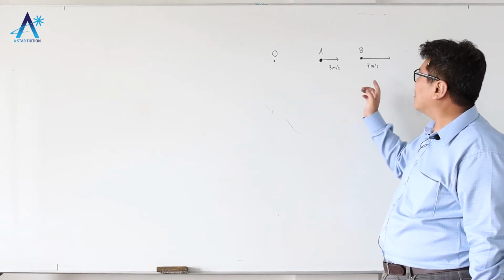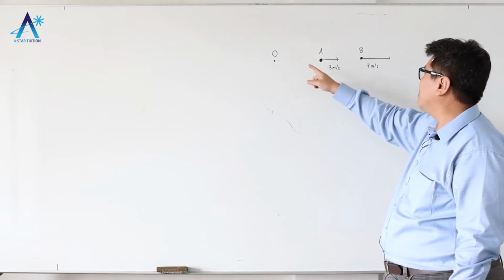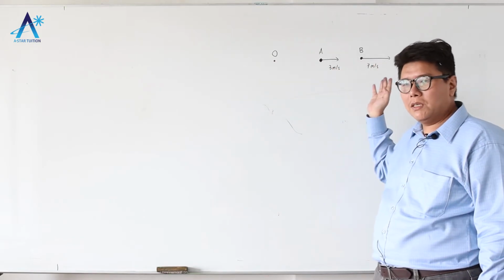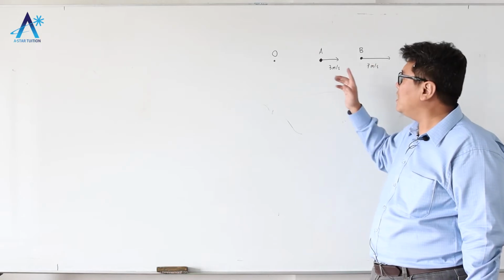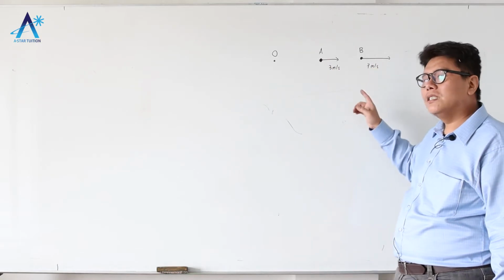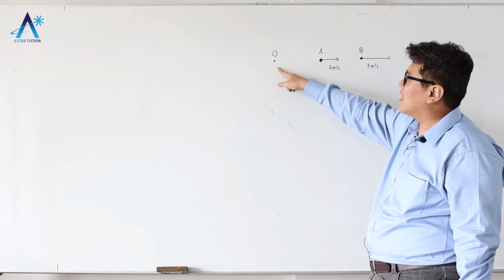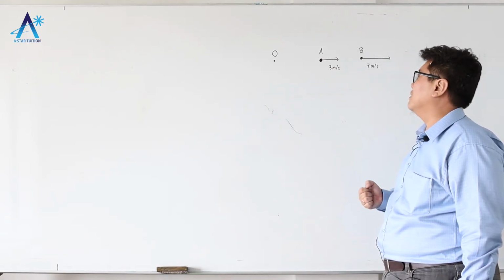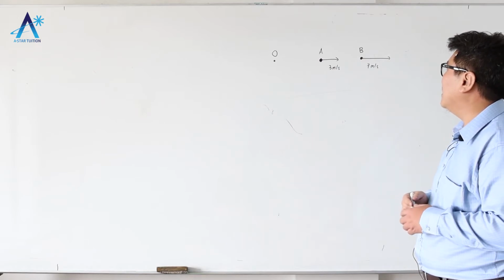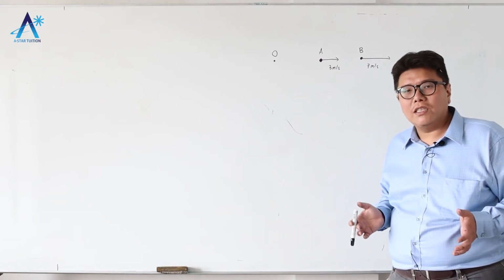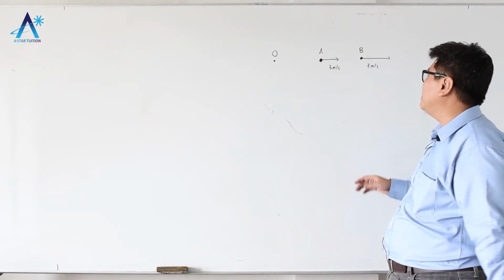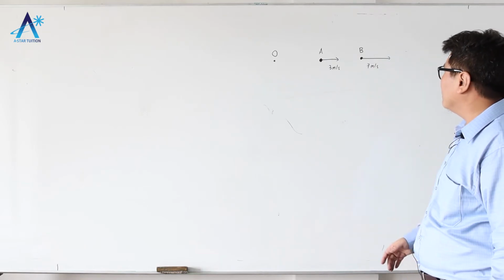According to O, B is moving quite fast at 7 meters per second. But according to A, B doesn't travel as much as the person in the rest frame thinks. So there is a notion of relative velocity, because there is a relative motion between B and A.